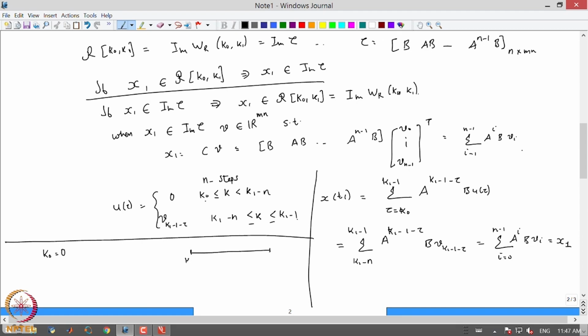So, this is k naught plus 1 all the way till k1 in such a way that this should be n, right, that k1 minus k naught should at least be equal to n.